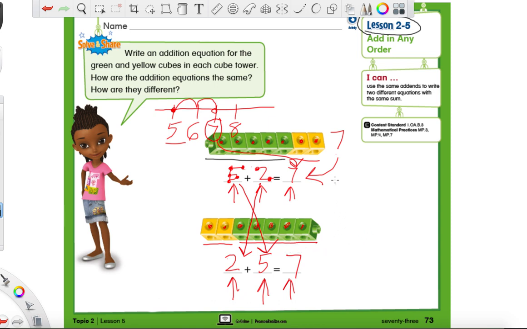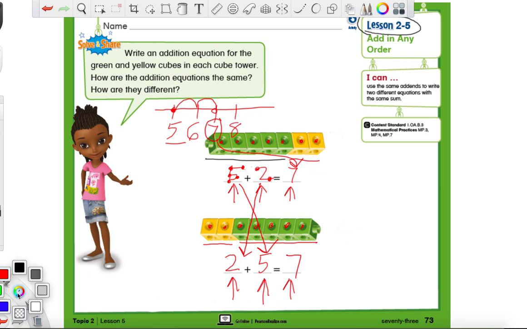Okay, and I will give you another quick example in a second. But before that, I have one other super important question. How are these 2 problems alike? How are they alike? Well, we know that they flip-flop the numbers on us, but we have the same numbers.